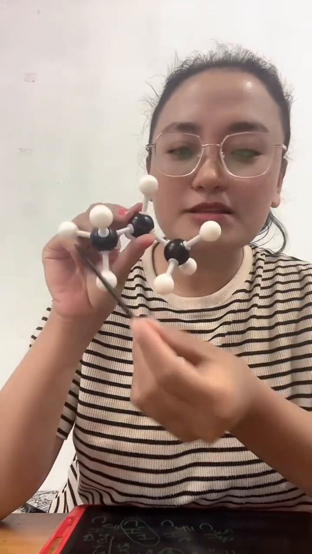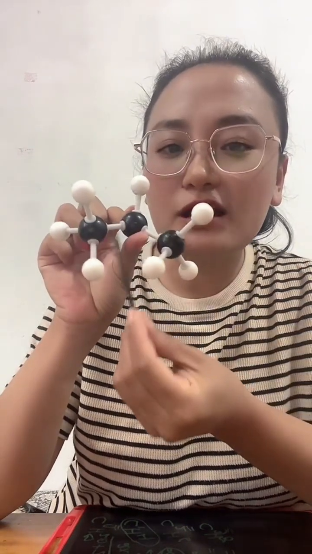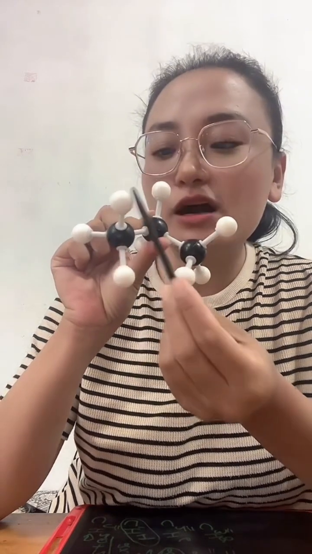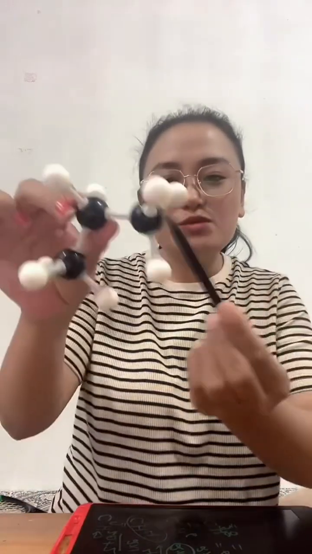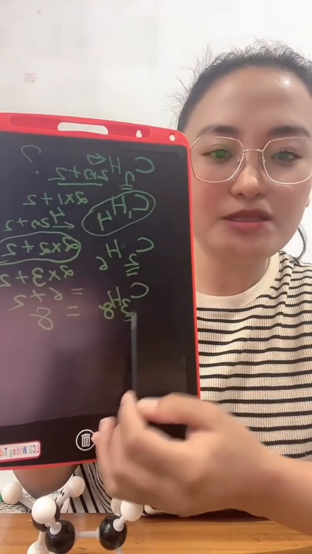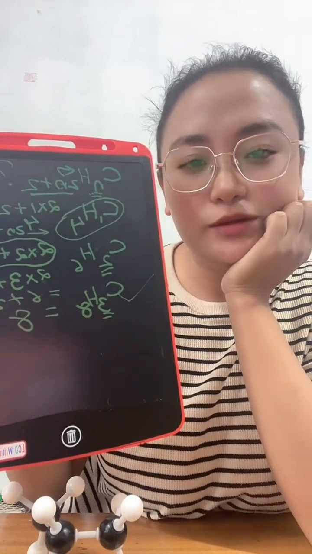Now this carbon, let's see here, 1 2 3, because one arm is already connected to this carbon, catenation, if you remember. So 1 2 3 4 5 6 7 8, 8 hydrogens. So which means carbon 3 gives 8 hydrogens. So it is correct. This is how we use the general formula.